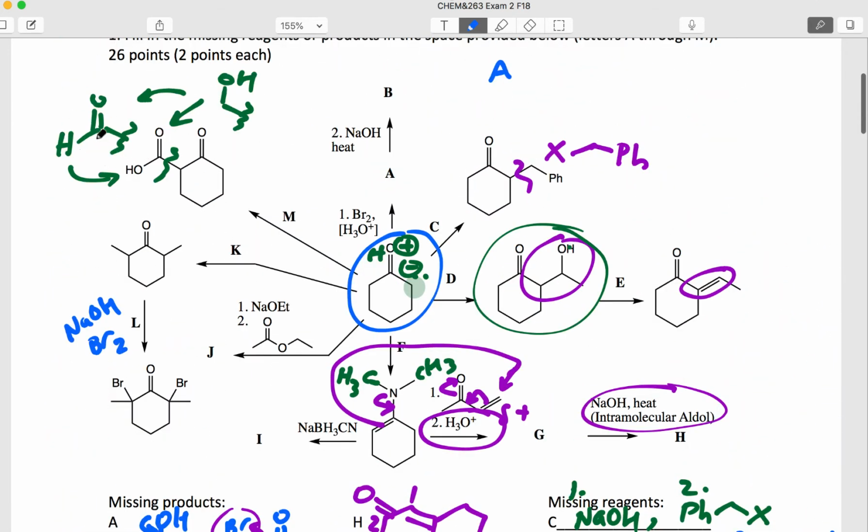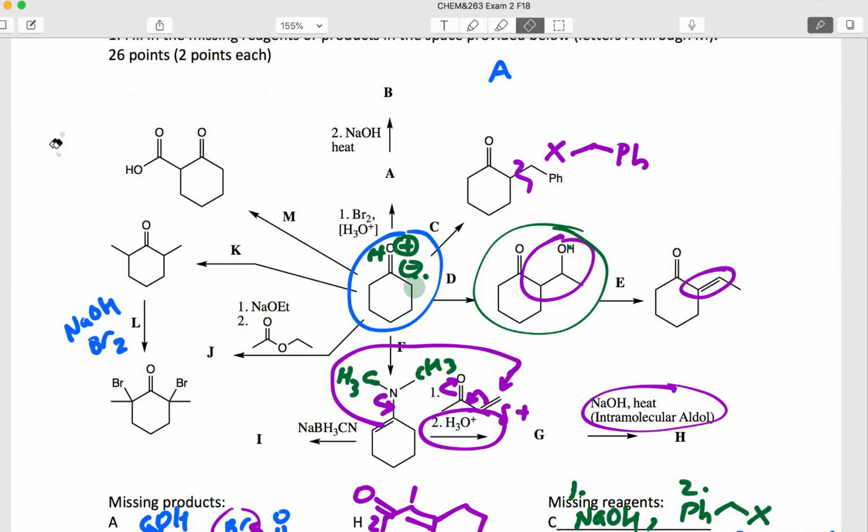Now some of you were creative and thought that instead of formaldehyde, you could just use something like an acid chloride. So let's say this was the enolate and it attacked an acid chloride like this.